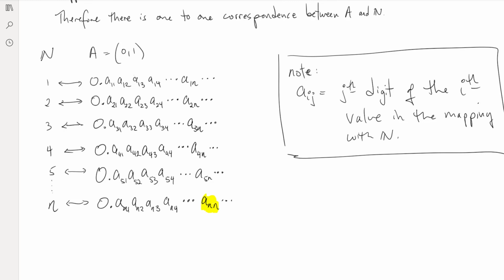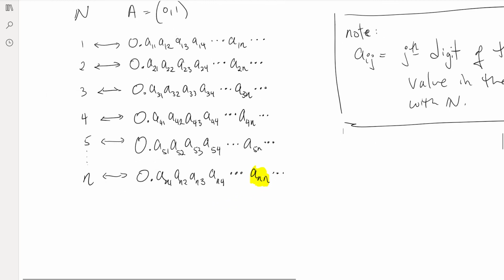Okay, so if this is a one-to-one mapping between the natural numbers and the set A, then it would continue on to be an infinitely long table that's infinitely wide to carry all of the values in the set A. So we're saying that every single value in A is included in the list, and mapped exactly to one specific value in the set of real numbers.